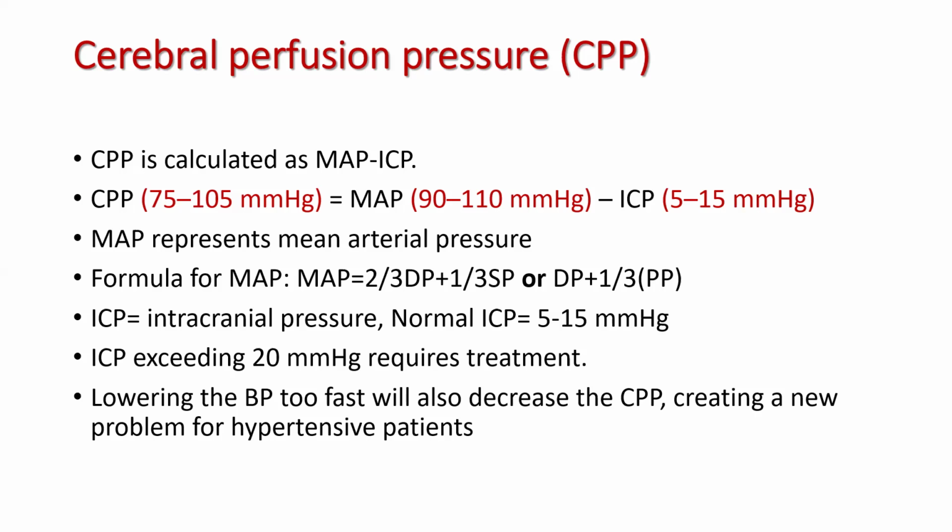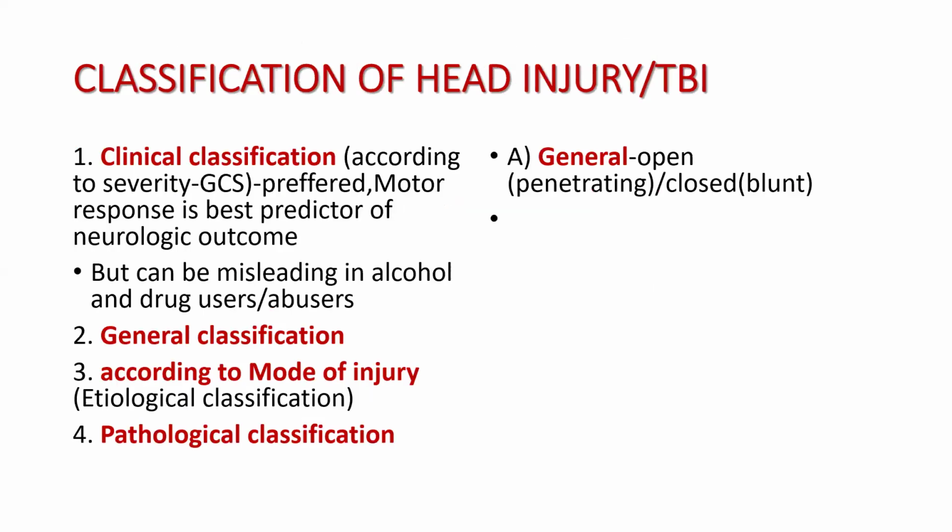If the intracranial pressure is exceeding 20 millimeters of mercury, it is going to cause the mass effects that we described in the previous slide, and it requires urgent intervention. However, we have to note that lowering the blood pressure too fast, which might happen when you give someone mannitol, can also decrease the cerebral perfusion pressure, creating another problem altogether.